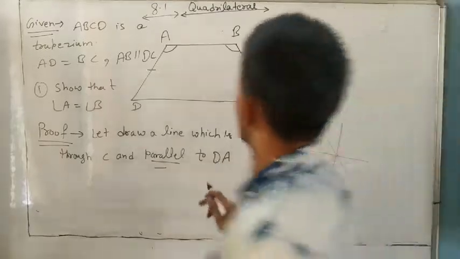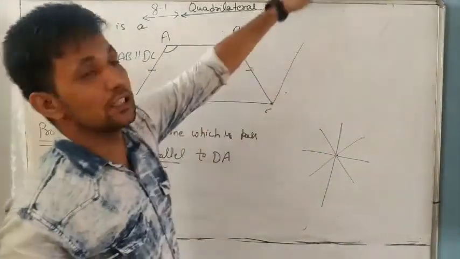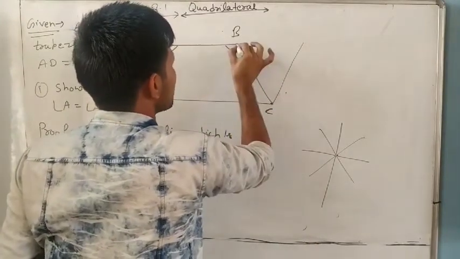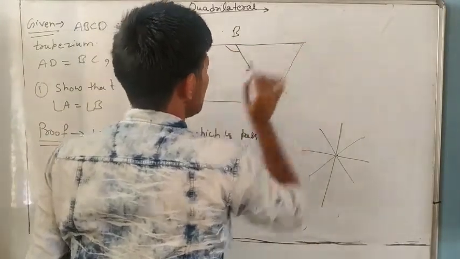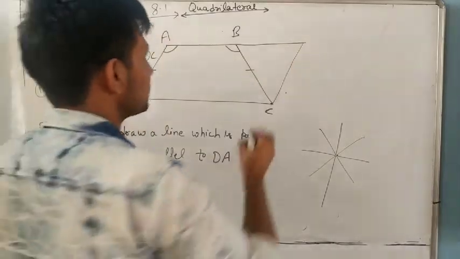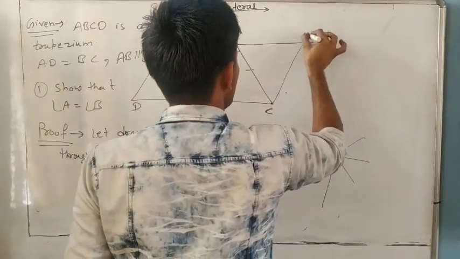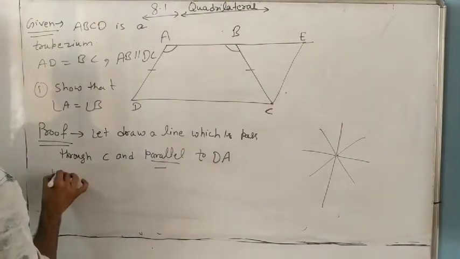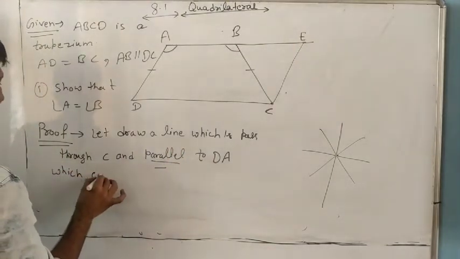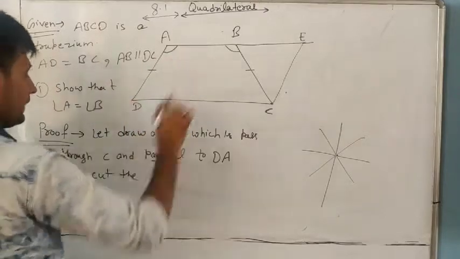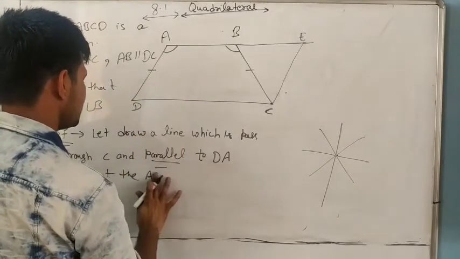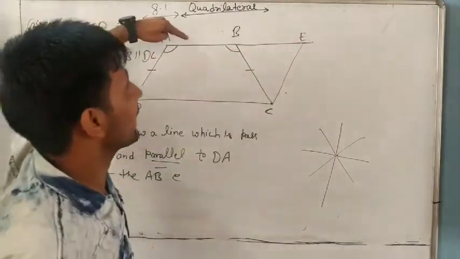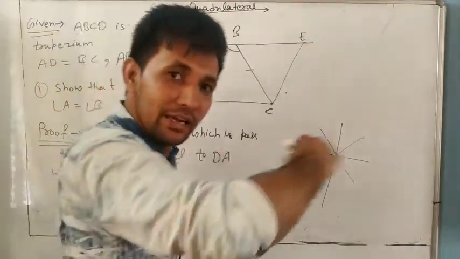Understand? And suppose we draw this line and extend the line AB, it cuts at some point. You can give it a name, suppose its name is point E. A line parallel to DA which cuts the extended line AB at E. Extend means increase the line.